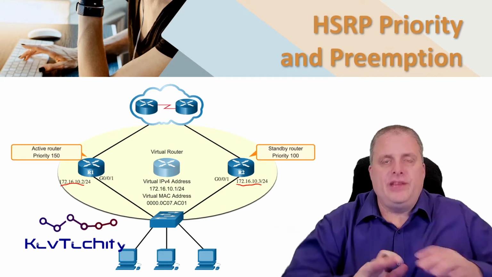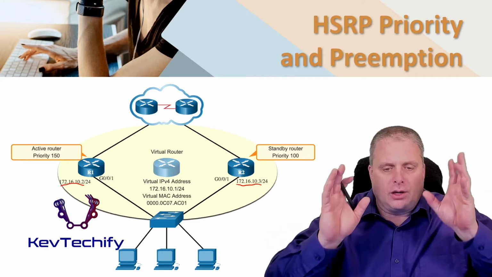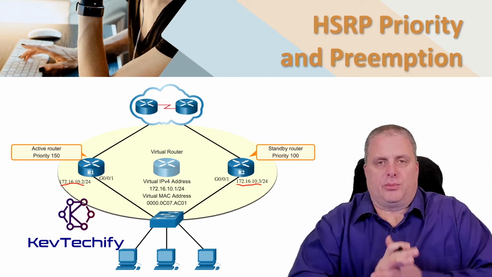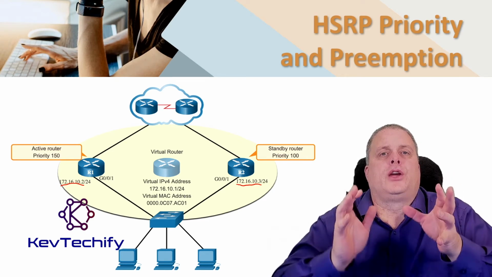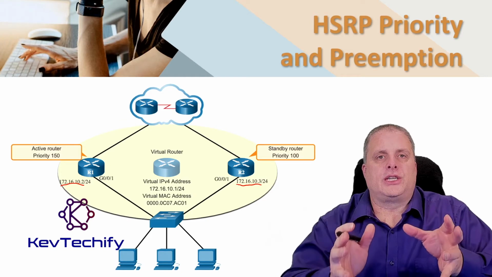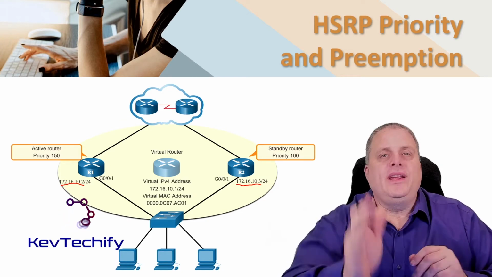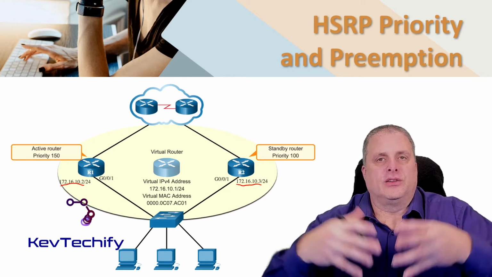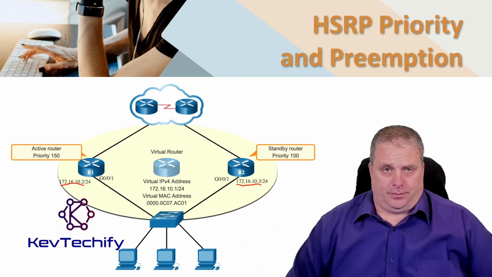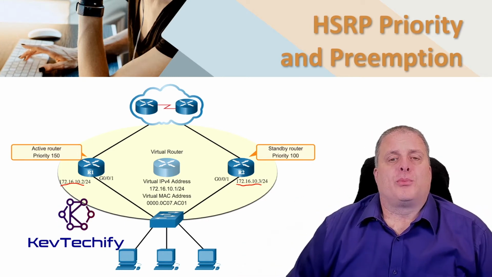Now, instead of leaving things up to chance and letting that election process happen, a lot of people feel it's better to control it and basically rig that election so you know which router is going to be the active when that election occurs. What we can do is set the priority.